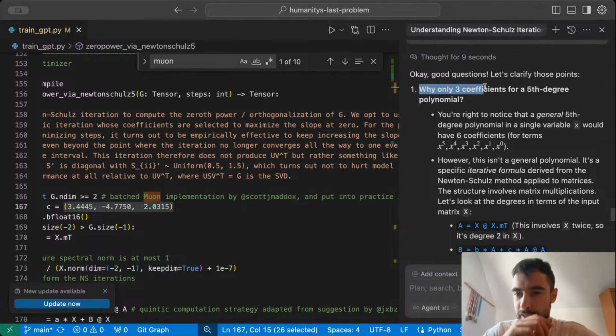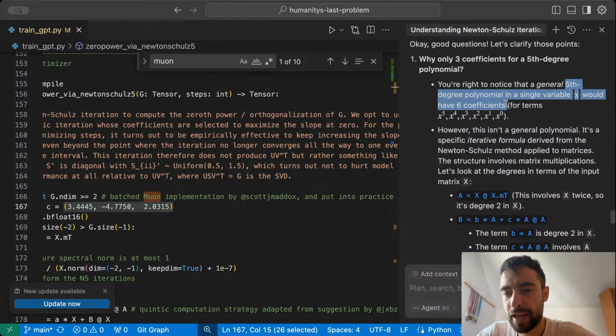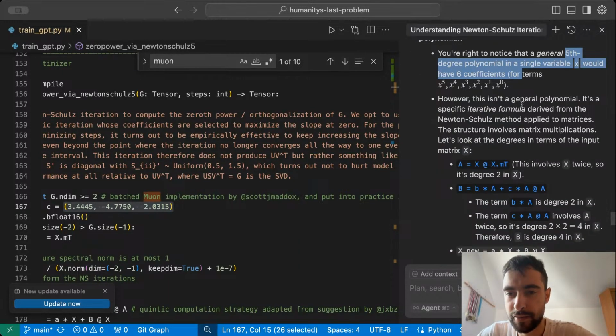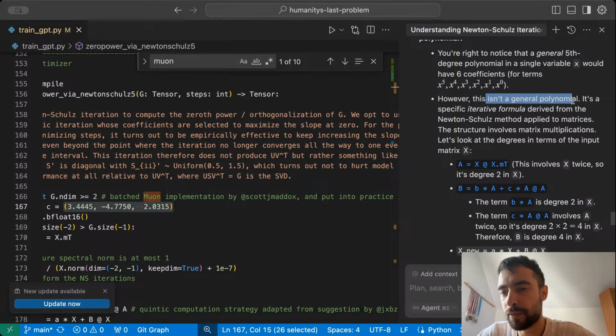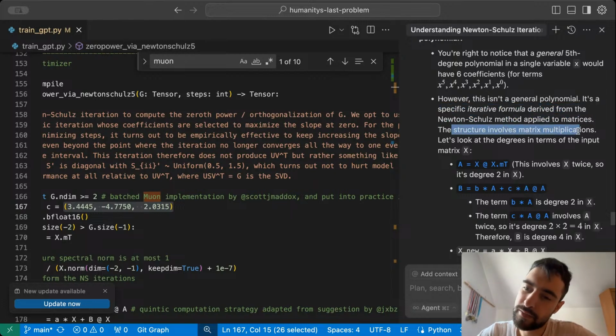Why only 3 coefficients for a fifth degree polynomial? Okay, you're right to notice that a general fifth degree polynomial in a single variable x would have 6 coefficients for these terms. However, this isn't a general polynomial. It's a specific iterative formula derived from the Newton-Schulz method applied to matrices. The structure involves matrix multiplication.